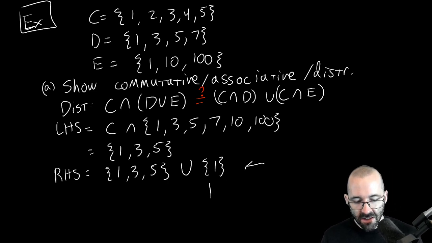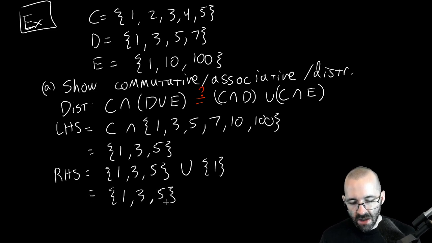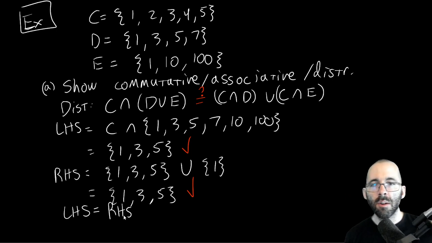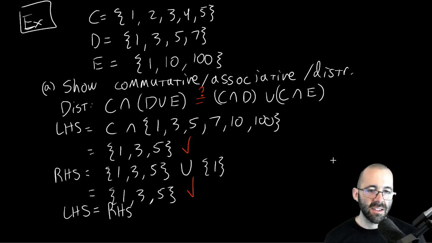These two things are different. Okay? Now we union these two sets. And again, we're going to get 1, 3, and 5. And you can see, hey, look, these equal each other. The left-hand side equals the right-hand side. So we see that this distributive property is holding in this case.